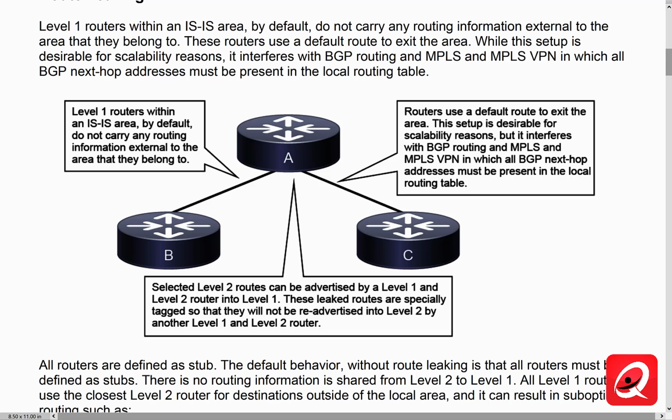So with route leaking, we can actually leak that level 2 information into level 1, but this can only be done at the L1, L2 routers. There is an up/down bit in the TLV field, basically a flag that allows us to identify that the route is leaked, so it doesn't get re-injected back into the backbone.